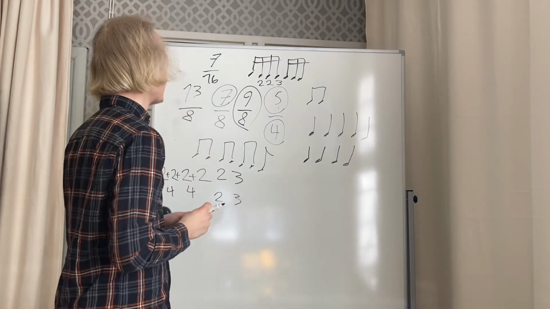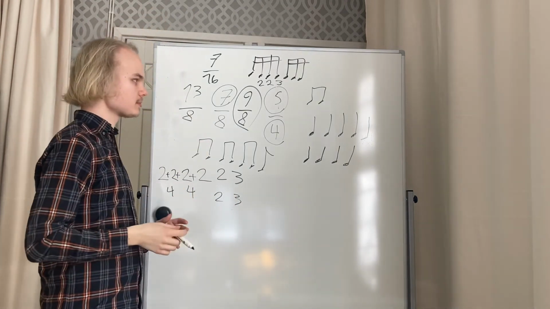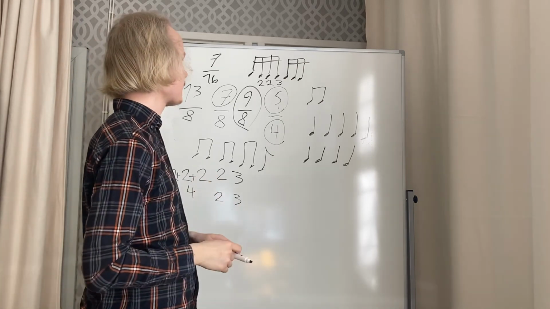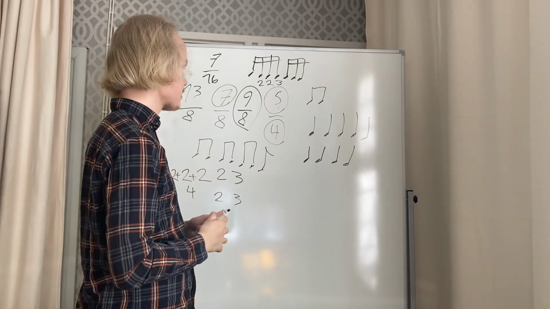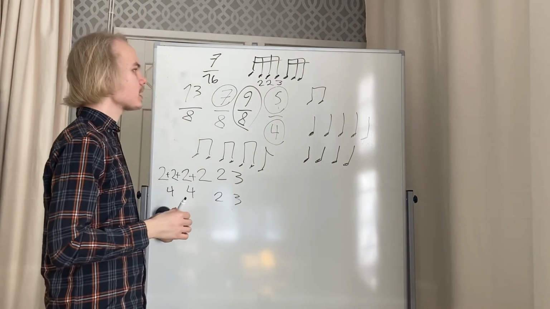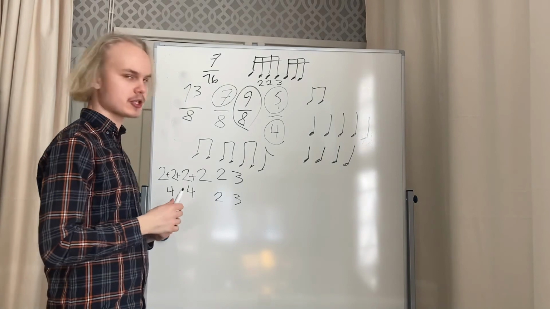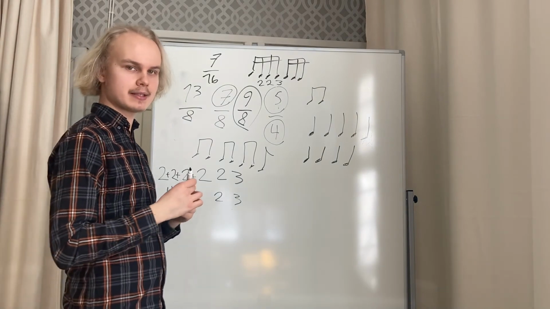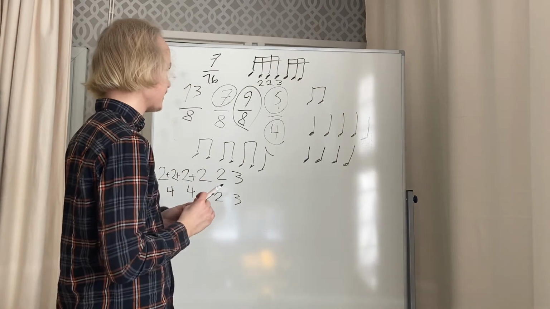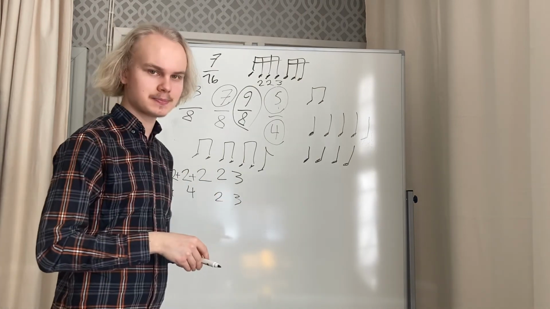So this works for any time signature. You can use this technique with any time signature, and this makes counting time signatures much easier. And this is what you should remember when you are seeing any time signature.